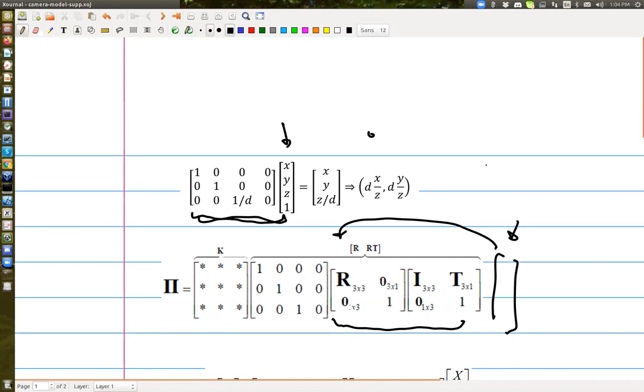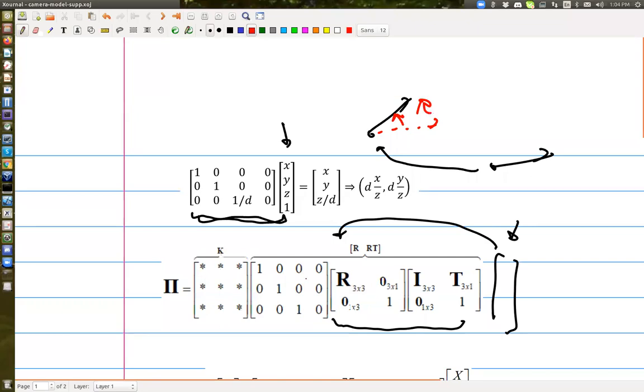We first translate the origin of the world coordinate to the camera coordinate's origin, and then do a rotation. Maybe the world coordinate is here, camera coordinate is here, so we rotate the world coordinate to the camera coordinate as well. That will be that rotation here.